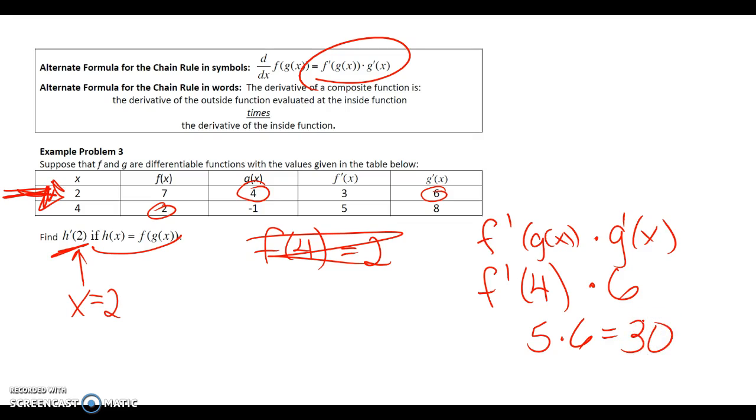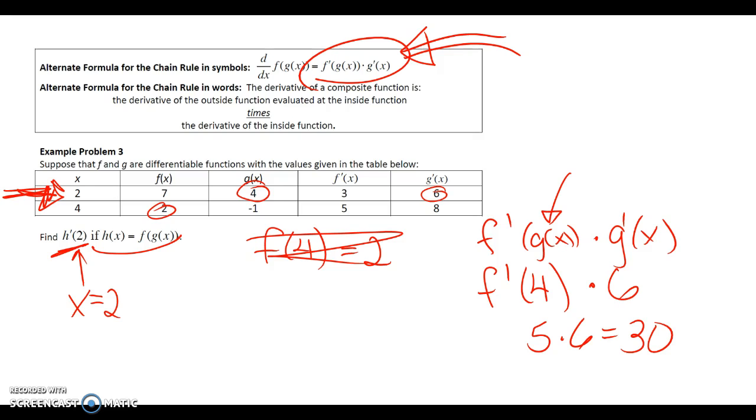It's a little funky, but that's what that is again. We just applied this rule right here. It's a little weird when you have to use numbers, but that's what we wanted to do. So if I just double check this, notice we had to start at the inside. So we said, what's g of x?